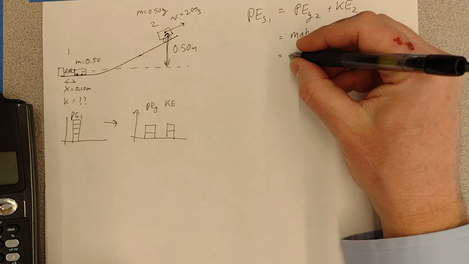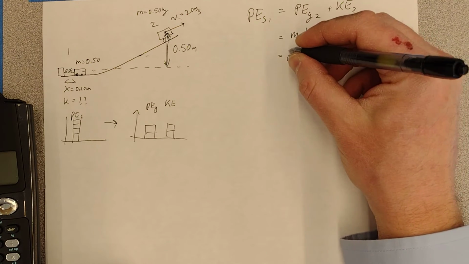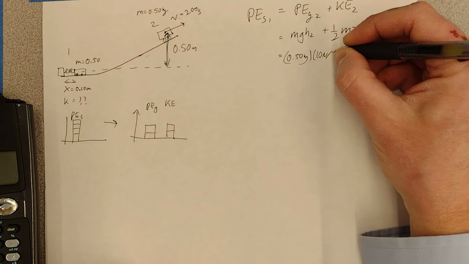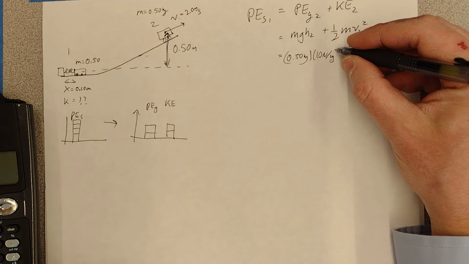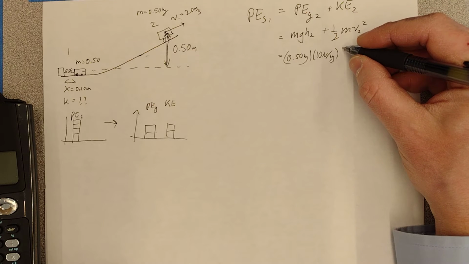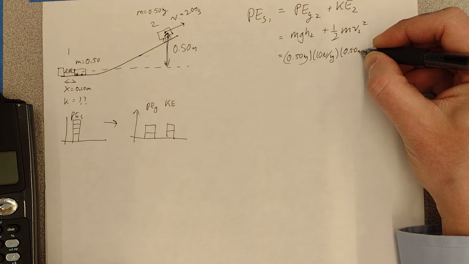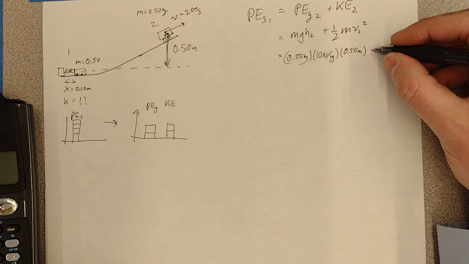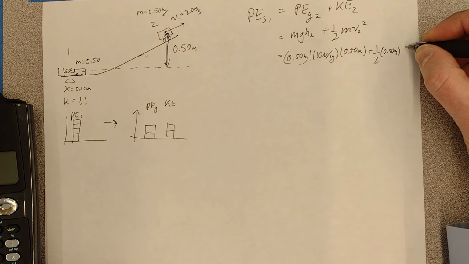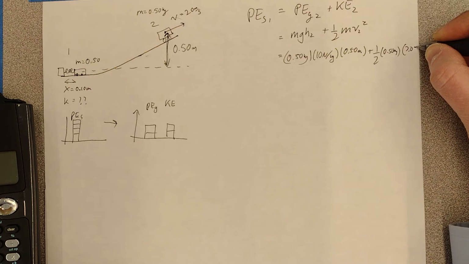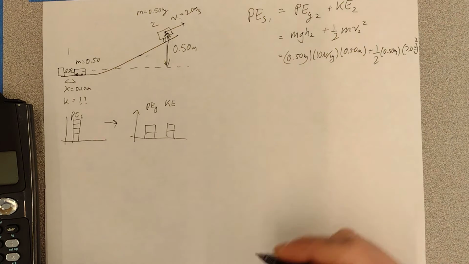So now that's 0.50 kilograms times 10 newtons per kilogram times 0.50 meters plus 1/2 of 0.50 kilograms times 2.0 meters per second, and that whole thing's squared.